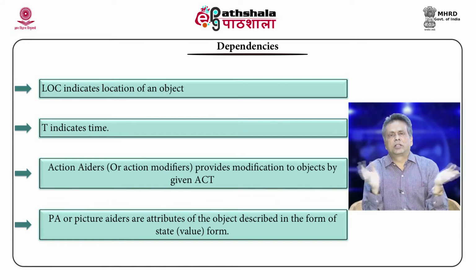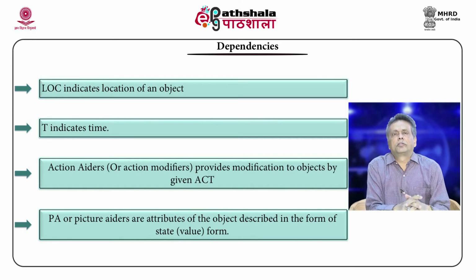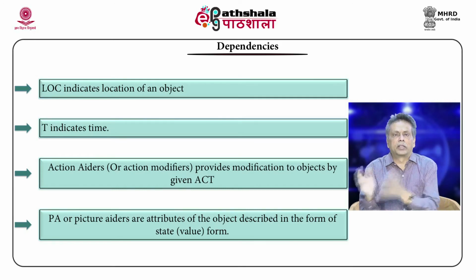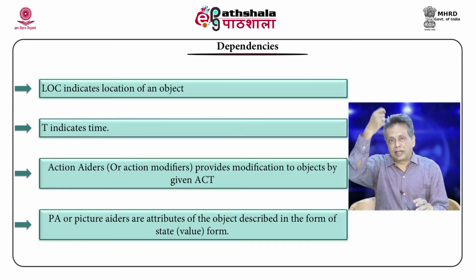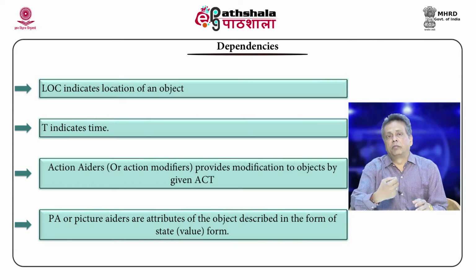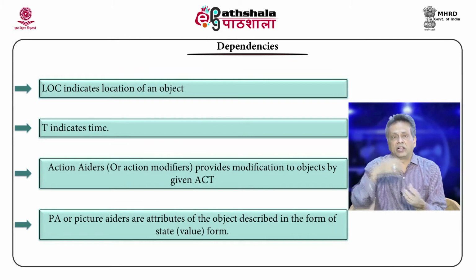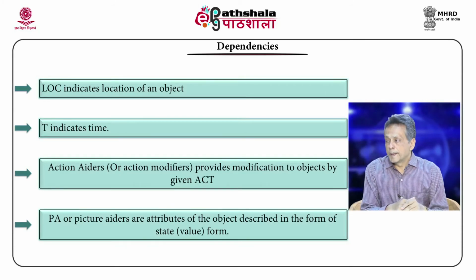Once you say Milkha Singh ran, it is done, but when you say Milkha Singh ran in Pakistan, that additional information is location. So, that additional Pakistan will have a link, and that link will indicate LOC. That means this link describes the location where this particular action has happened.